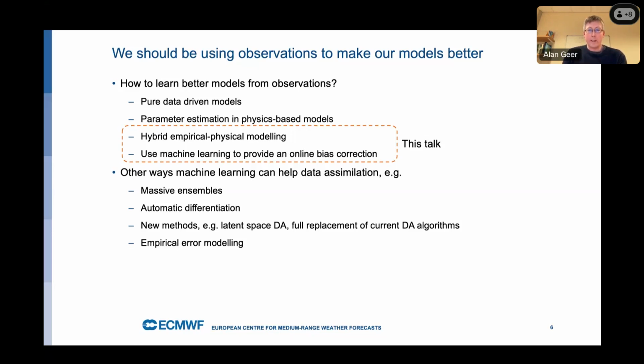All of that's really interesting, but it's not going to be covered in this talk either. And of course, Ronan will be talking later with some really interesting stuff on that area. So really just focusing in this talk, as introduced, on the basic links between machine learning and data assimilation, and then how we merge them together.